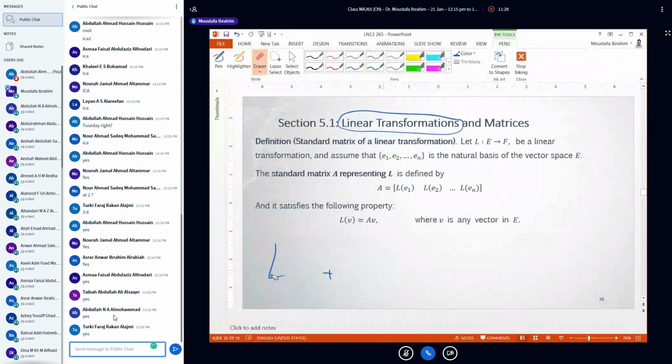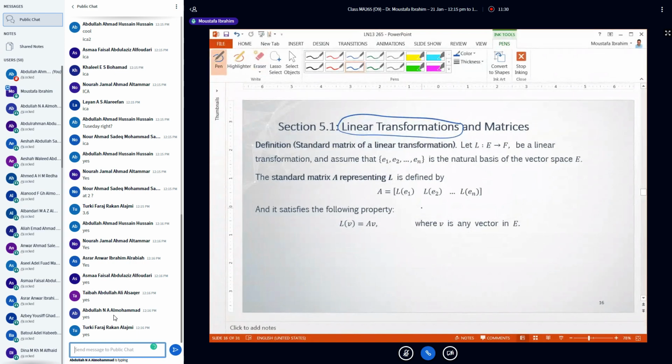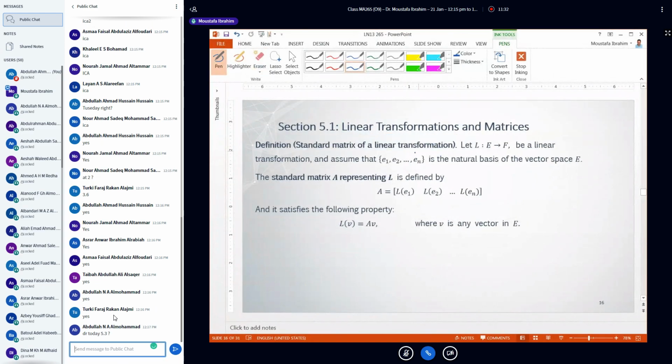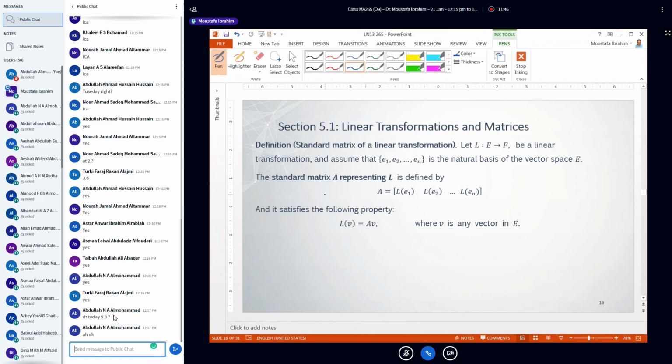Today we will talk about the standard matrix of a linear transformation, so we'll talk about matrices. If you want this lecture all together, 5.1 is linear transformations and 5.3 is matrices, but in fact they are all chapter 5. Look, this is the title, linear transformation and matrices. Both of them are 5.1 and 5.3, so it's mixed.